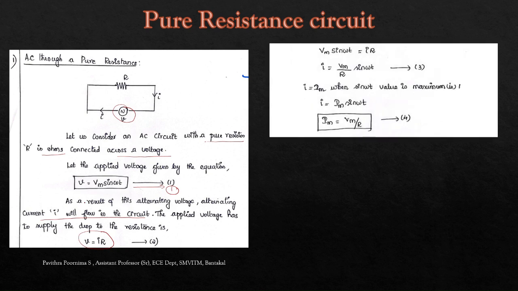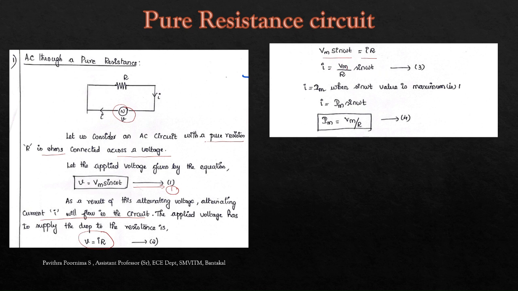Next we substitute V in this second equation. If V equal to Vm sin omega t, then Vm sin omega t equals I into R. From this equation, I equals Vm by R sin omega t. Vm by R is a constant with respect to omega t.